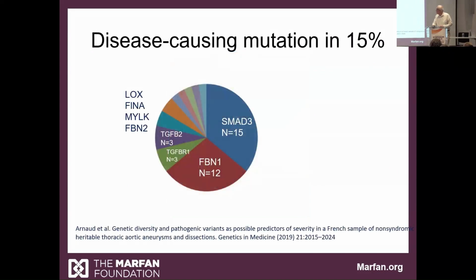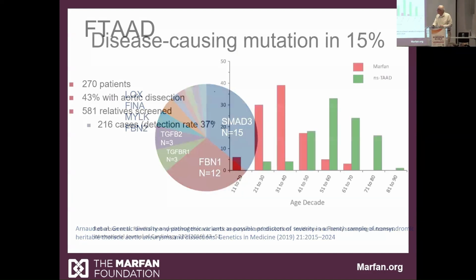And when you look at series of patients like this, you get a scatter of different mutations. In this particular series, fibrillin 1 and SMAD3 mutations were common, but in other series there are other ones. So it's a combination of mutations, but you only find a mutation 15 or 20% of the time. And that's probably because of today's technology. In the future, we will find more.